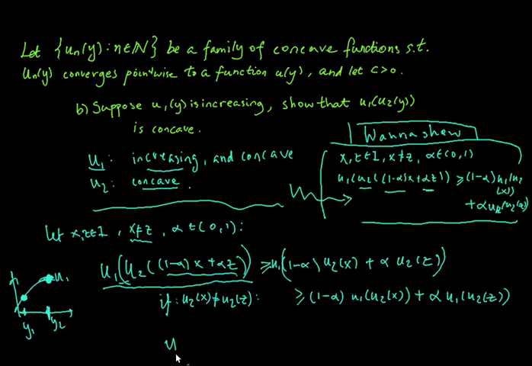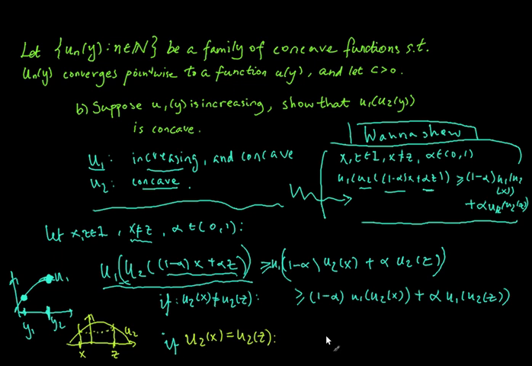Now what if u2 of x is equal to u2 of z? Well, first of all, let's note that that is actually not an unlikely scenario, since even if we choose x and z to be two completely different points, then if u2 looks something like this, for example, it's still quite possible that u2 of x and u2 of z have the same value.